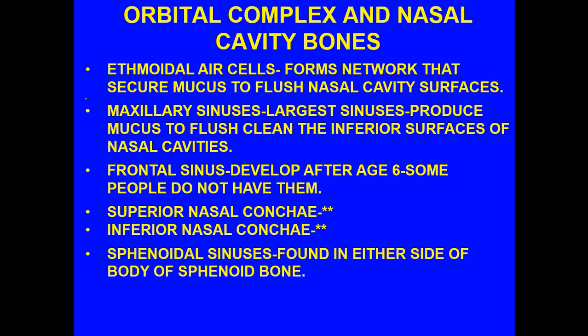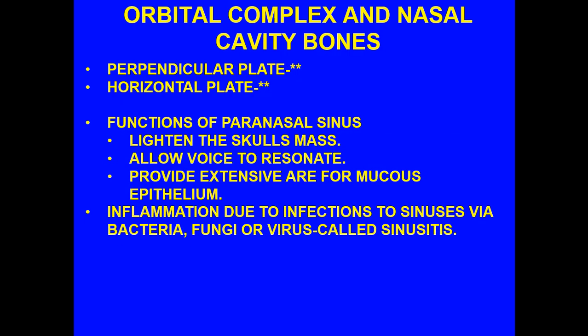We've already talked about the superior and inferior nasal conchae, and the sphenoid sinuses are found on either side of the body of the sphenoid bone. I've mentioned already the perpendicular plate and horizontal plate, and the functions of the paranasal sinuses. As I mentioned before, they lighten the skull's mass, allow voice to resonate, as well as provide extensive area for mucous epithelium.